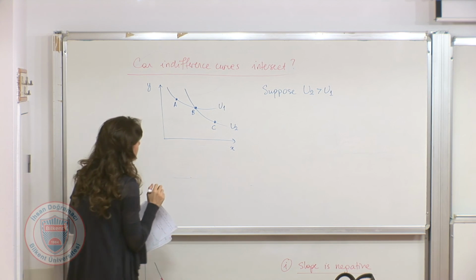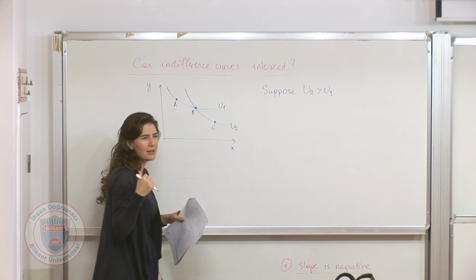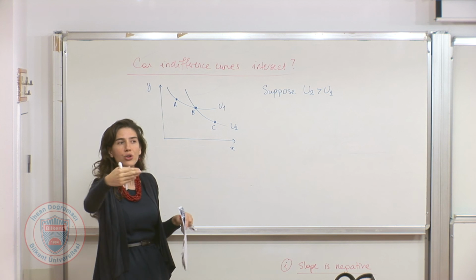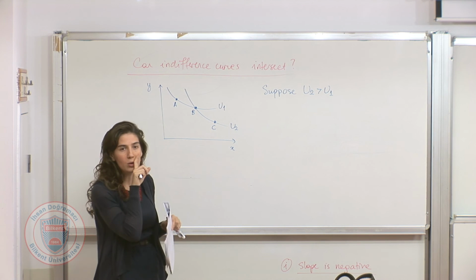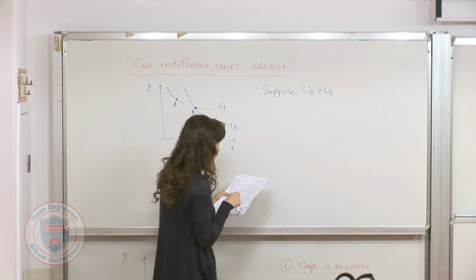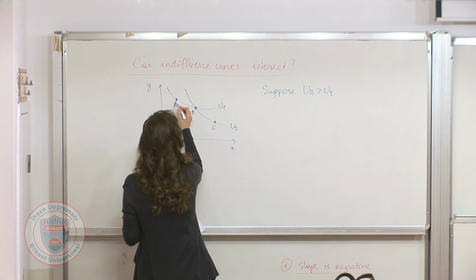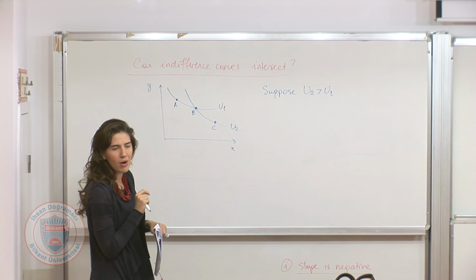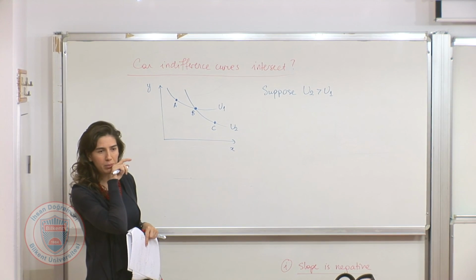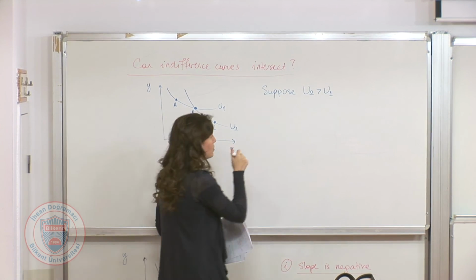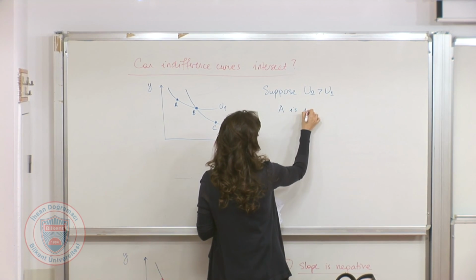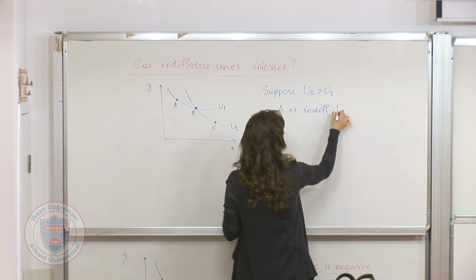Basically, bundles on the indifference curve U2 provide more utility than bundles on U1. Okay, fine. But what can we actually say? Because A and B are both on the indifference curve U1, A is indifferent to B, right?